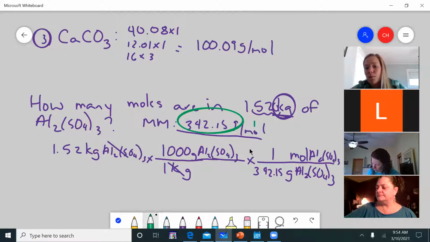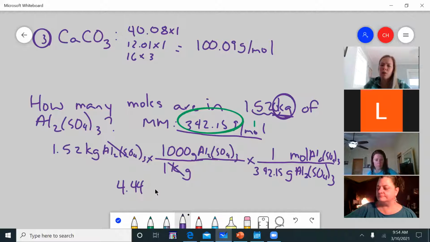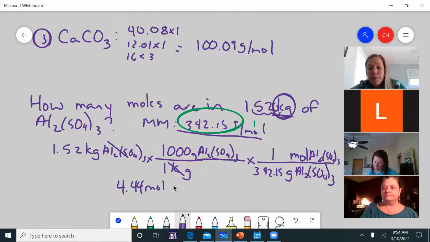What does the mole get? The mole gets a 1. We have 3 sig figs, so when I round it out, I should get 4.44 moles of Al2(SO4)3.